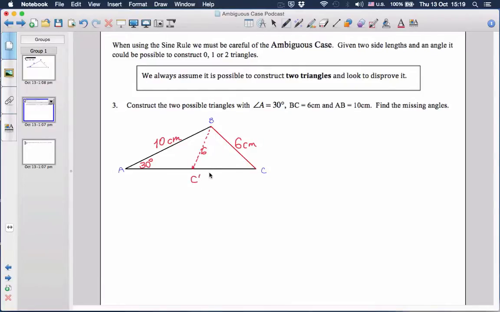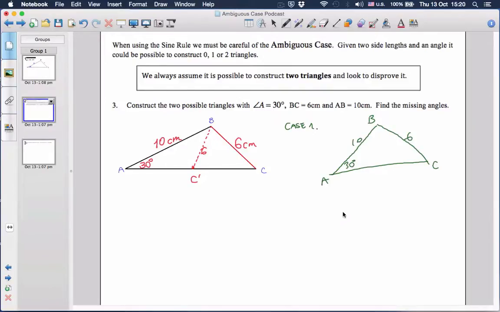Let's call this C prime. Then I'm going to draw two triangles. Case 1, the originally drawn triangle with the acute C, where you have 30 degrees here, and it's 6, and then 10.